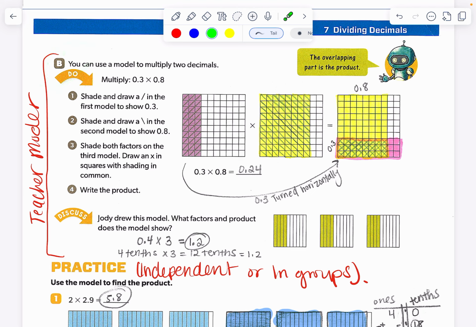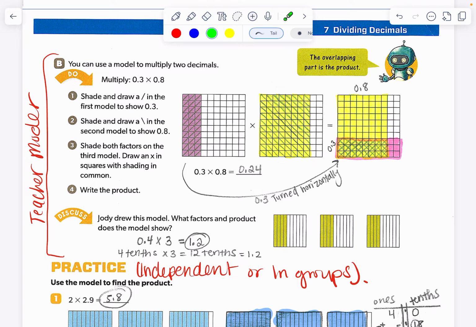The difference between the first question we modeled and this question right here is that both of our factors are decimals. So we will have to show students how this model is different from the model we just did, right? We cannot show 3 tenths, 8 tenths times.